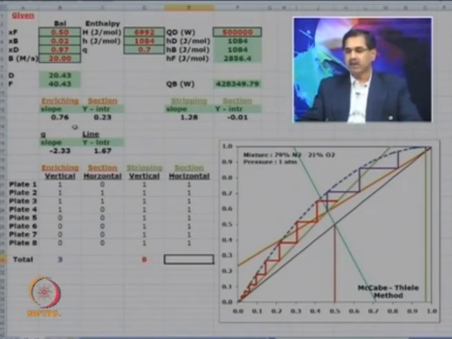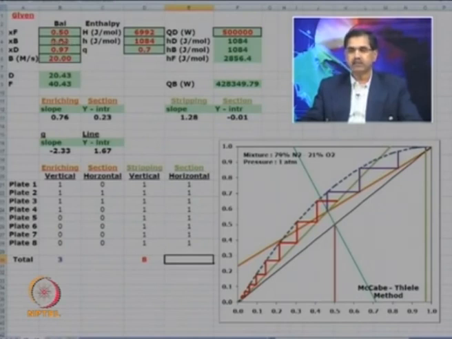The slope has come to 0.76, the slope of the stripping section has come to 1.28 in this case. So, you can see that the number of plates in the stripping section has increased just because I changed my purity demands from 0.05 to 0.02, or from 95% to 98% for oxygen purity.